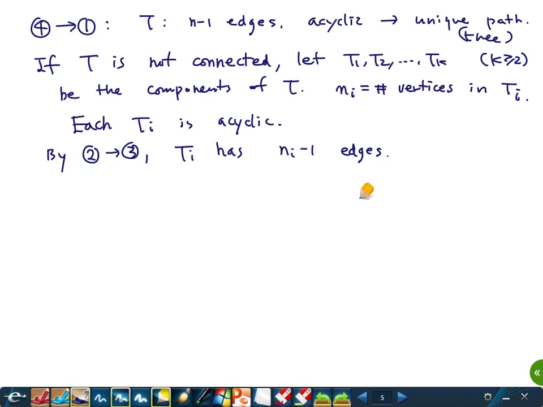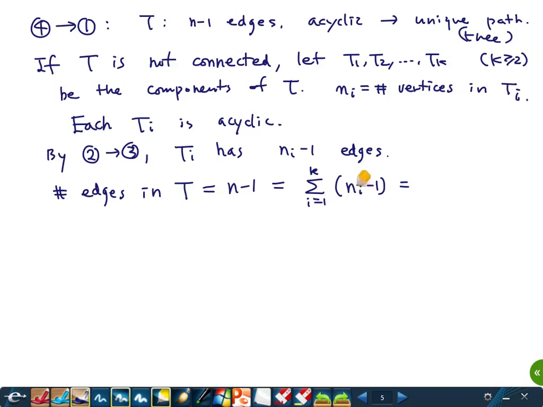So then what is the total number of edges in T? It is n minus 1, of course, right? But it will also be the sum of the edges in each component, the sum of ni minus 1, for i from 1 to k. But what is this?